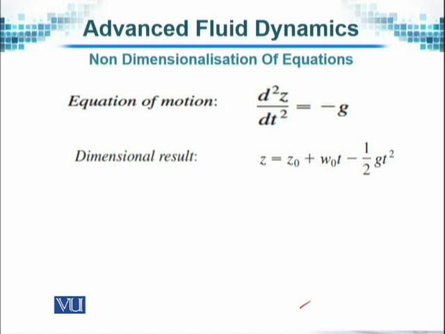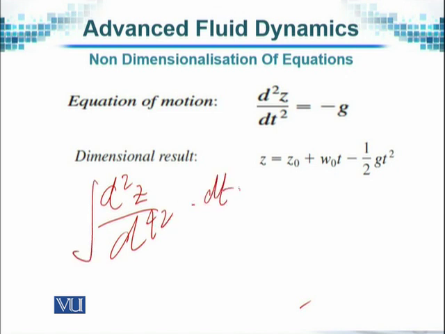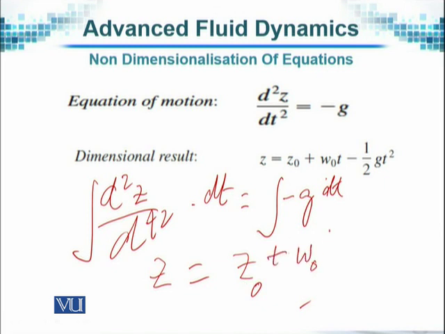If we integrate this equation with respect to t, d2z by dt square times dt equals minus g dt, and if we integrate this 2 times, we shall obtain this result: Z is equal to z naught, which is some constant of integration, plus w naught t, where w naught is a velocity at t equal to 0, minus half g t square.